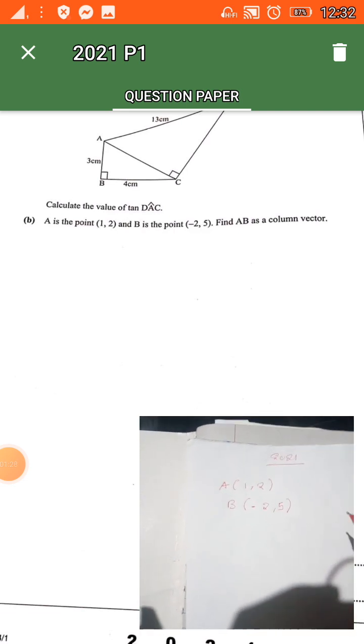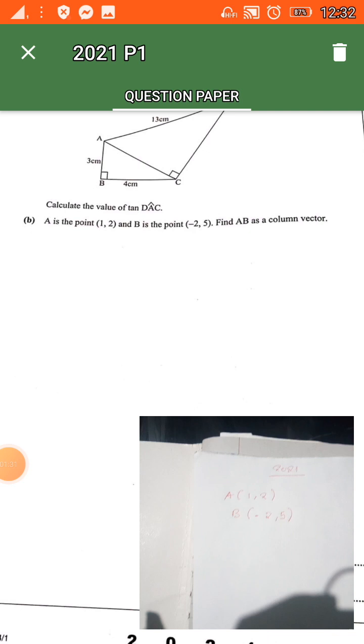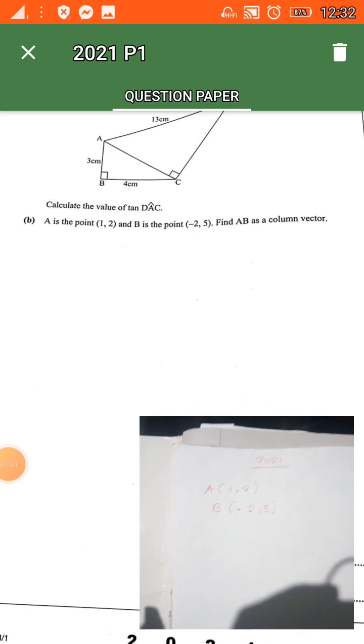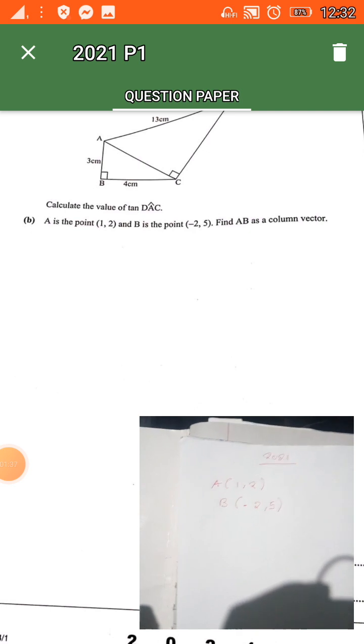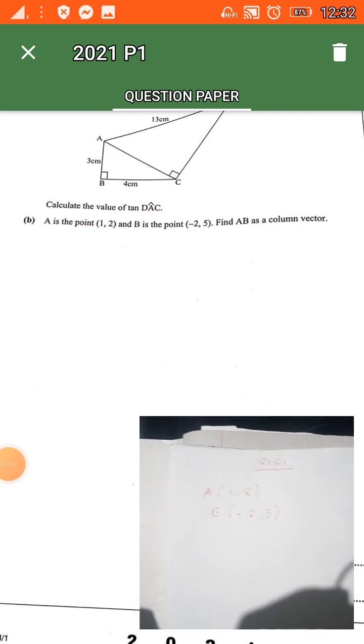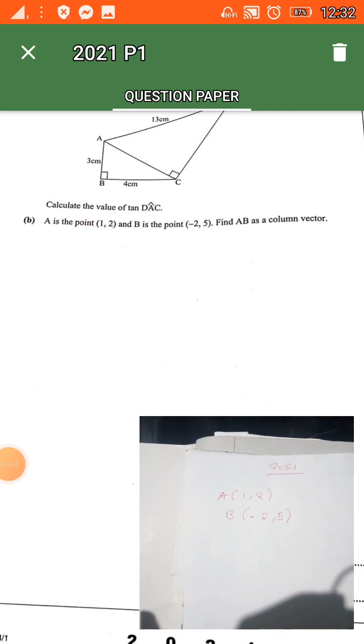Column vectors are simply position vectors, and now they are given a special name, column vectors. For example, we have A and B. To solve this, you have to convert A and B into column vectors or position vectors.